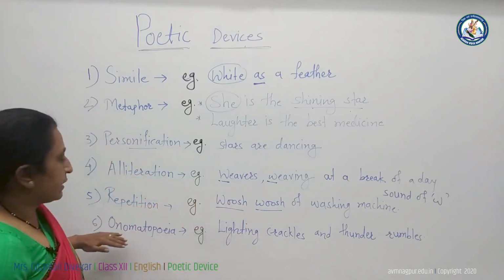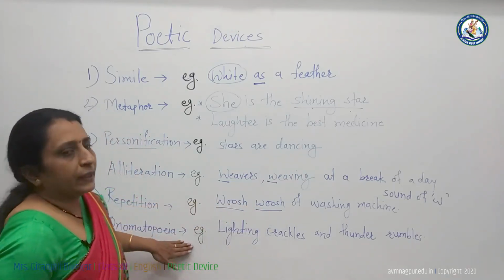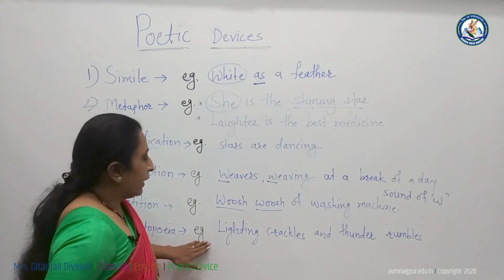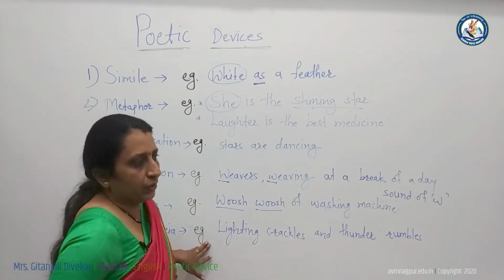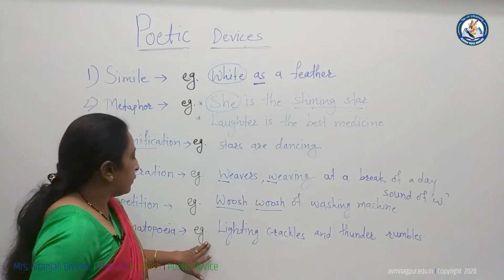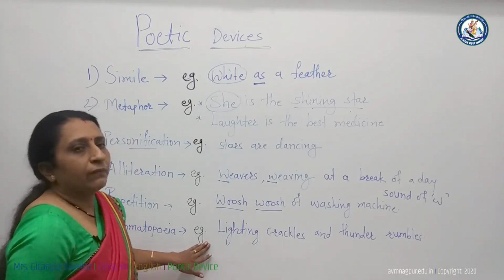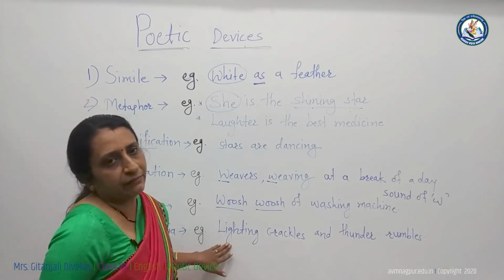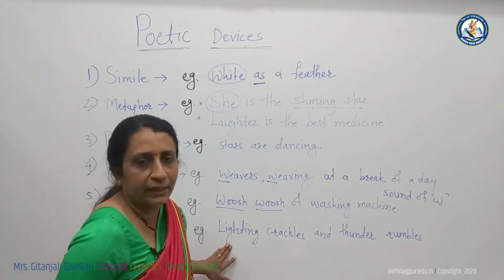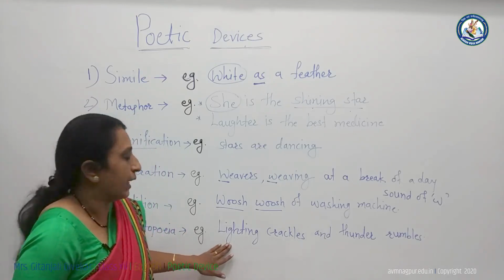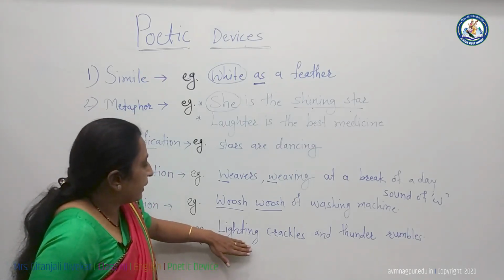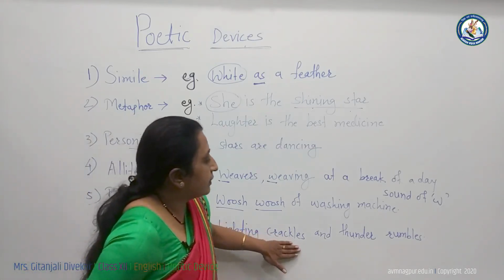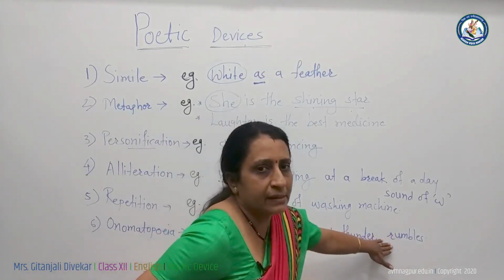The next figure of speech is onomatopoeia. Onomatopoeia indicates sound. This figure of speech is used by the poet when some sound-indicating word is given in the line of the poem. Students, the example here is: lightning crackles and thunder rumbles.